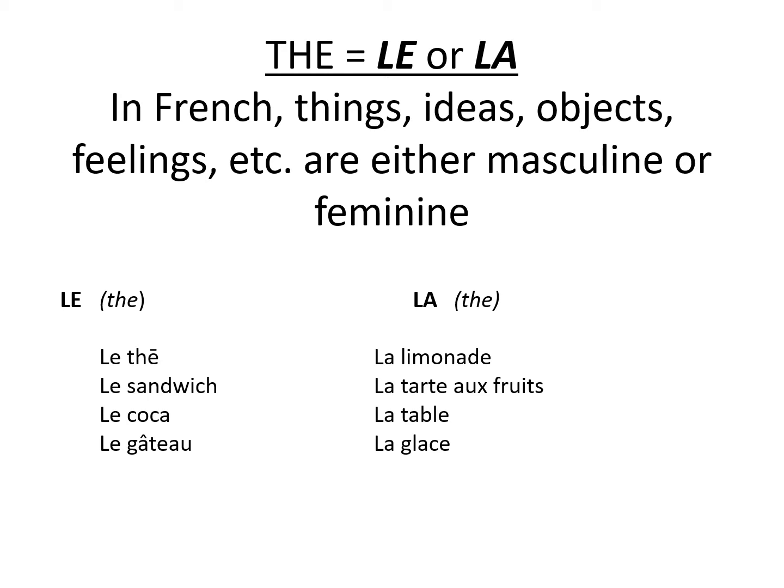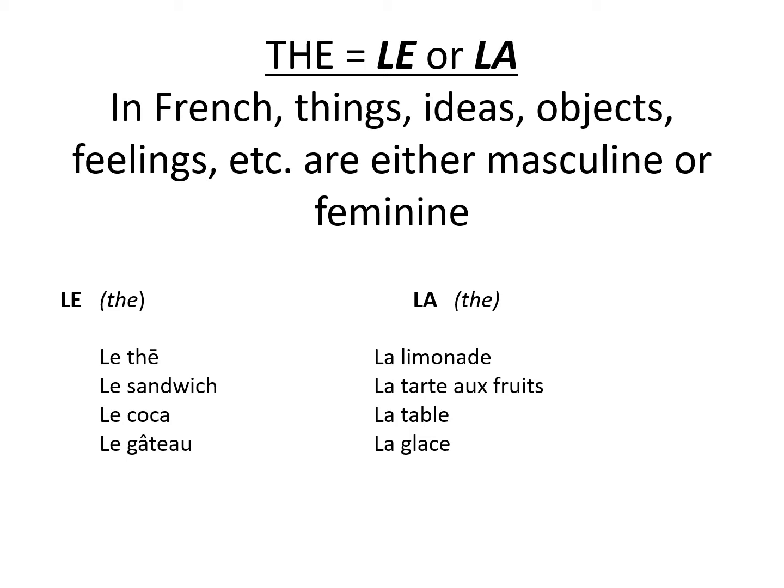So, in French, you have genders, meaning nouns. Oh, what's a noun, by the way? A noun is a thing. So, in French, all nouns do have a gender. They're male or female. Just to give you an example, table is female.